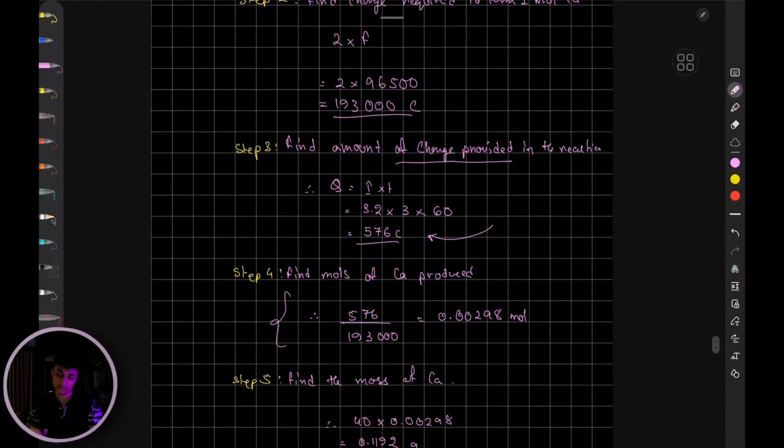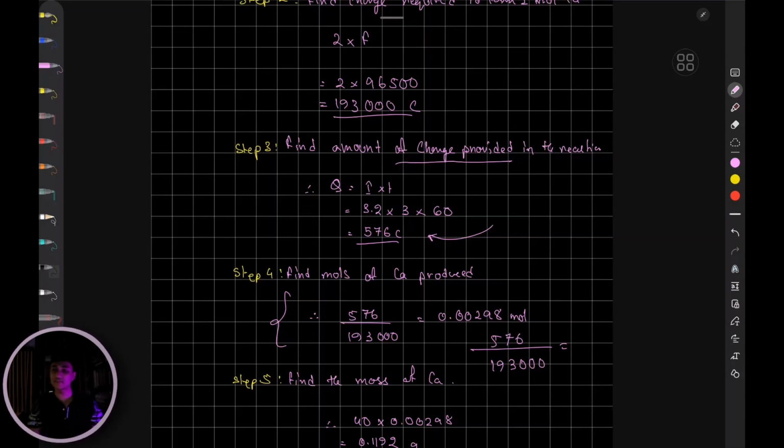Therefore, easily you can find out what amount of calcium will be produced by finding the ratio. 576, the amount provided, divided by 193,000, the amount required, is going to give you the moles of calcium that will be produced.